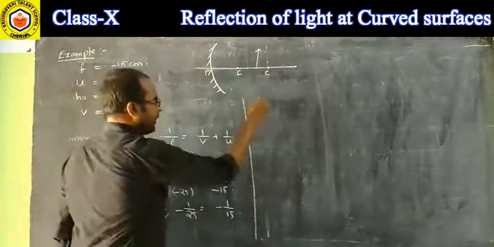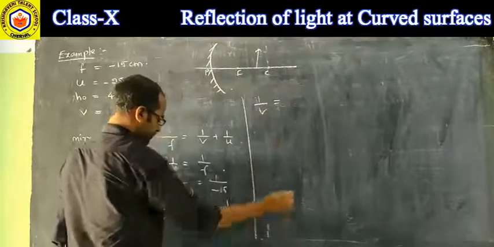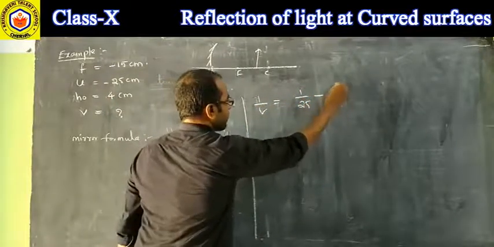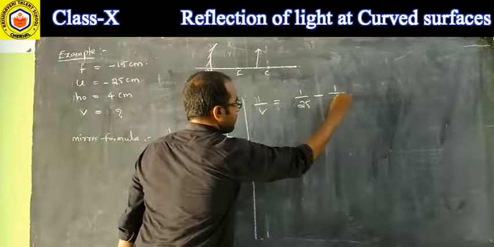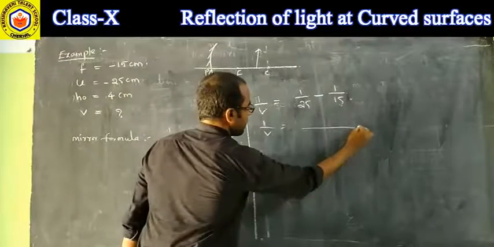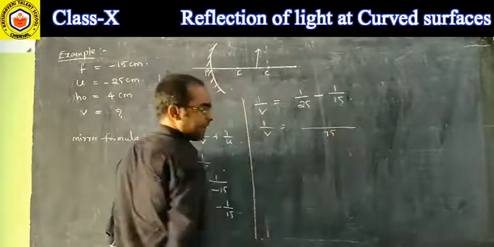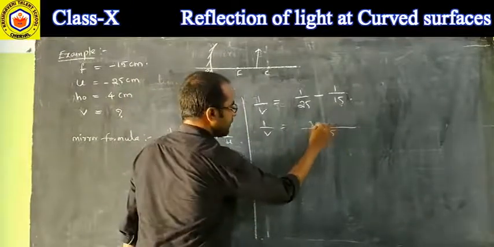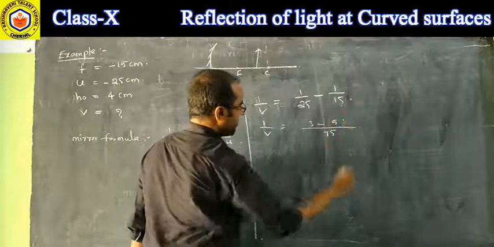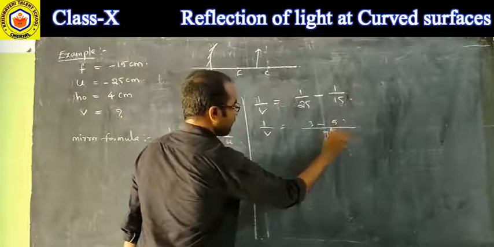So 1 by V equals 1 by 25 minus 1 by 15. Here the LCM will be 75: 3 minus 5.